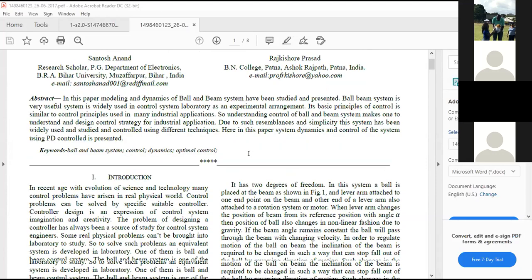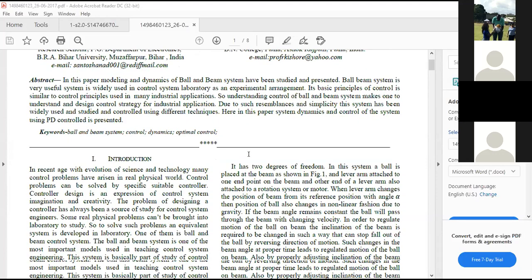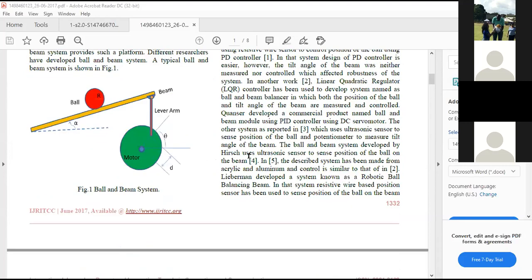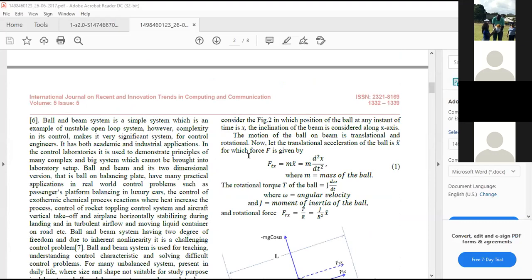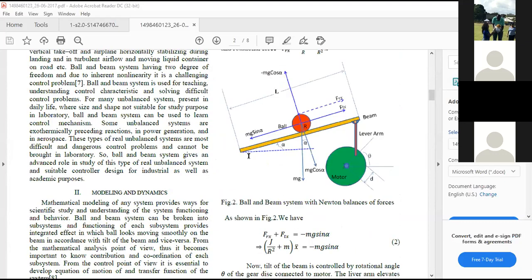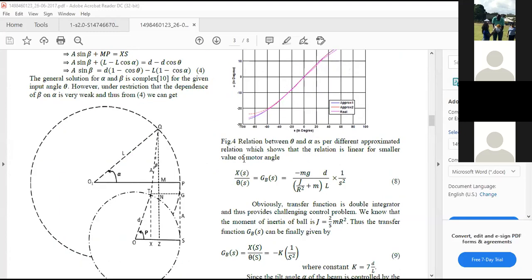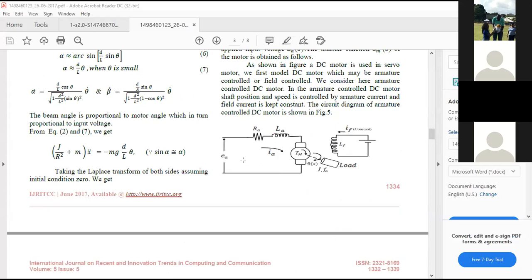I'm going to post in the group the video of the ball and beam system. I'm also going to post a derivation that was done.